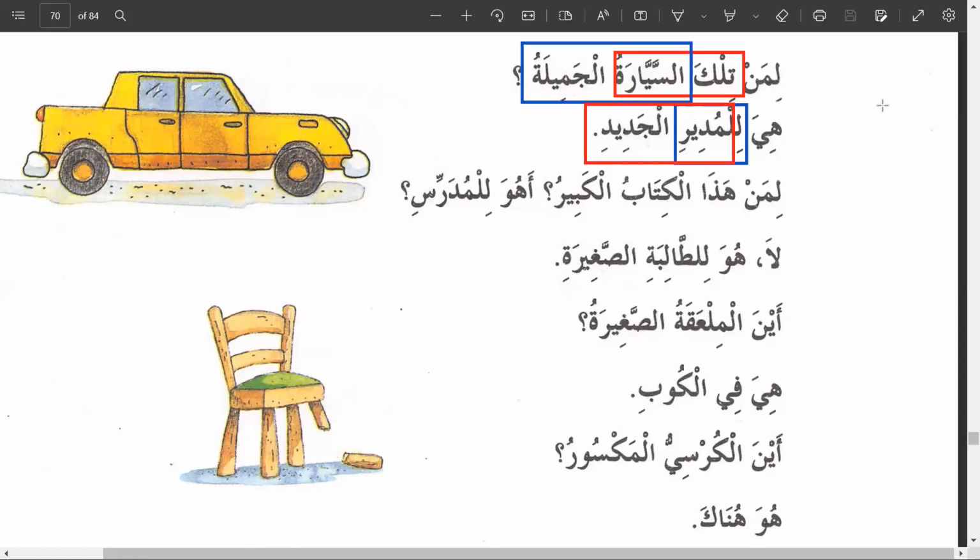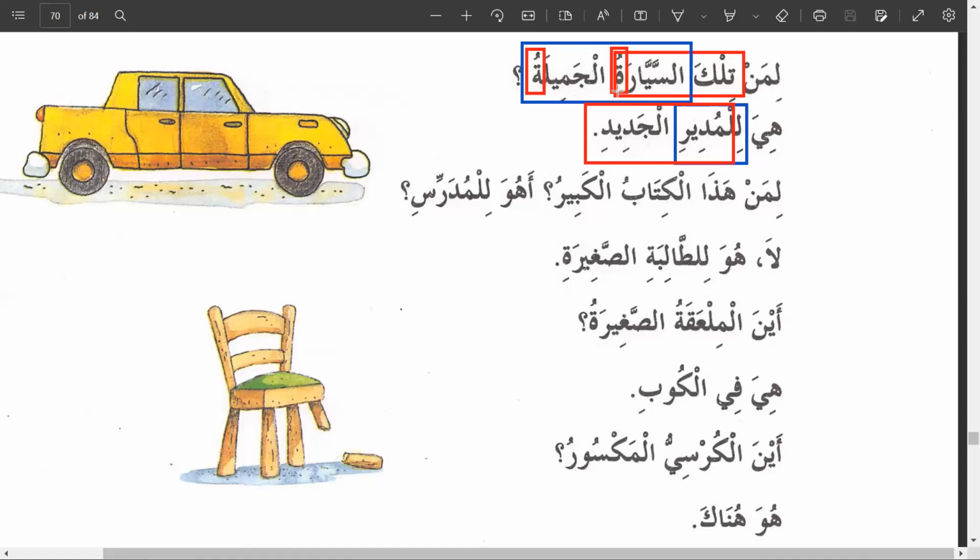As-sayyaratul jamilatu. Is it because of jamila too? Ta marbuta. Yes. So here is pointing to as-sayyaratu.